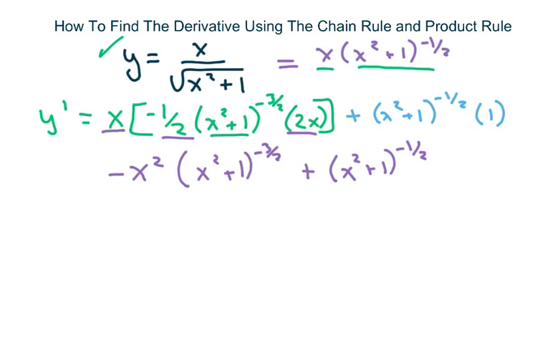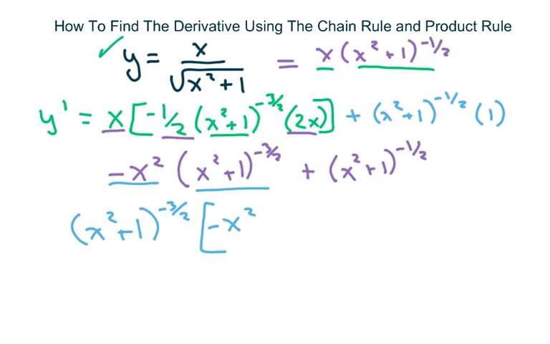Now the next step I'm going to do is a little algebra trick. I'm going to write this quantity down first. So we're going to have (x squared plus 1) to the negative 3/2. And I'm going to distribute that and put the negative x squared on this side.